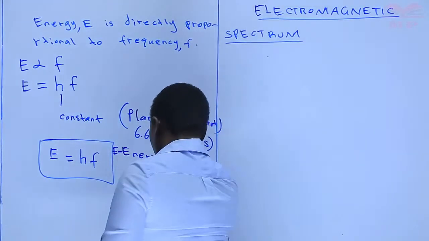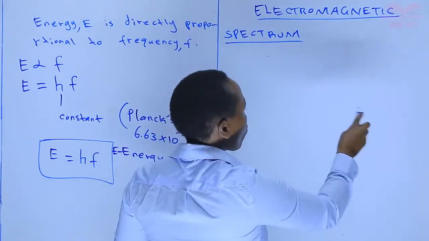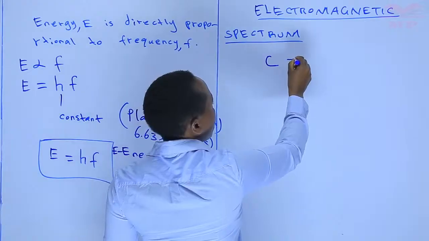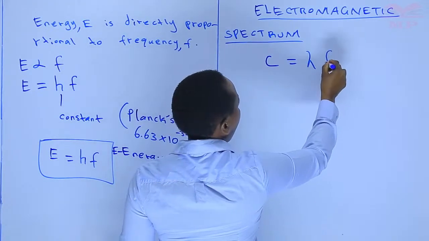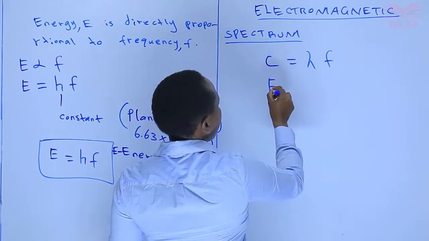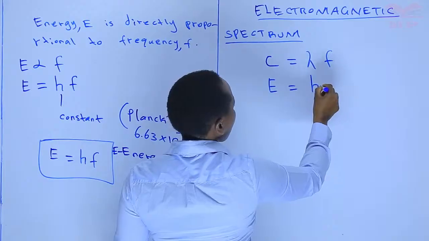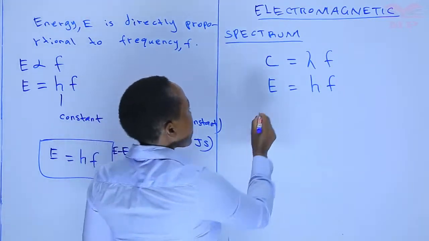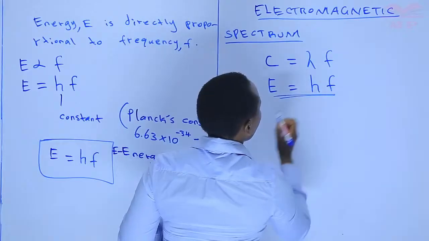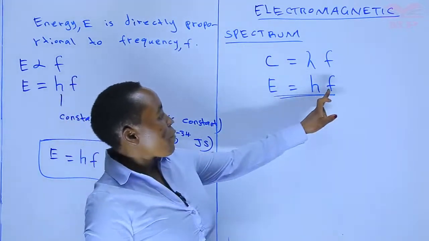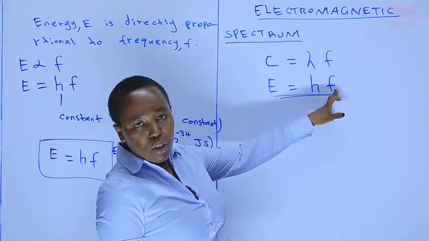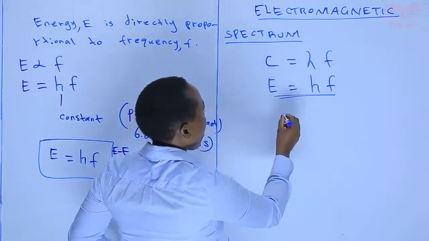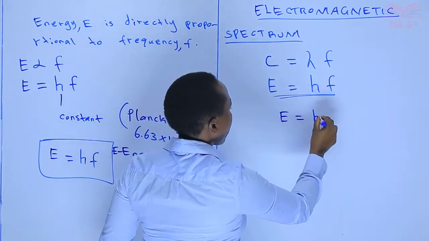So we have seen the first one is the wave equation, where C is equal to lambda F, and then we have seen energy is equal to Planck's constant multiplied by the frequency. Now using this equation, we can make frequency the subject of the formula. So we have E is equal to HF.